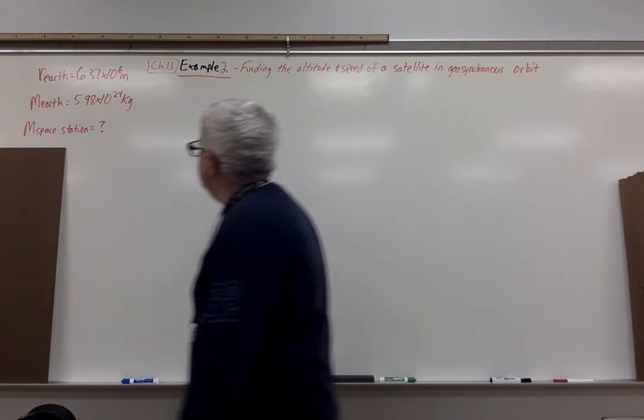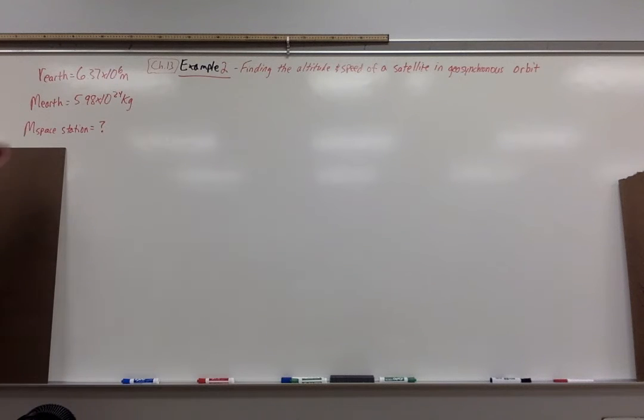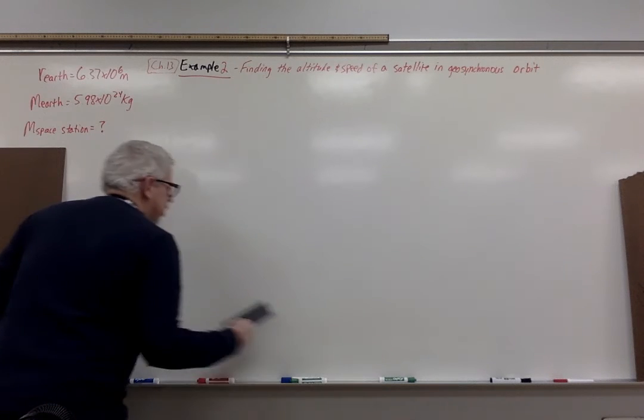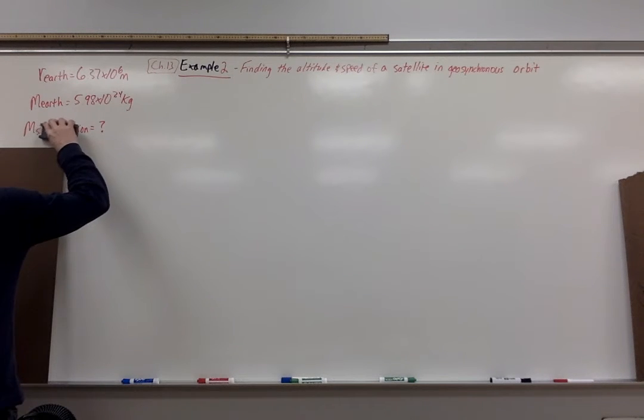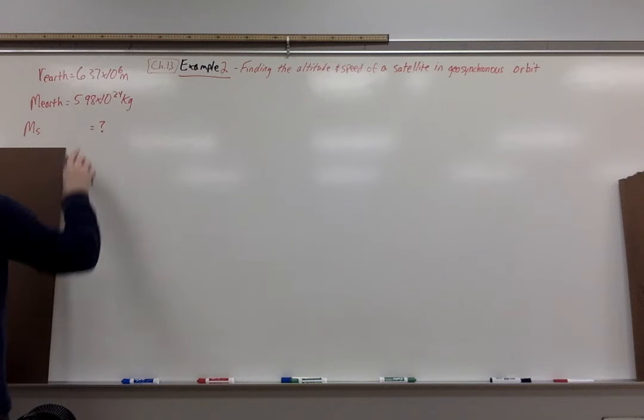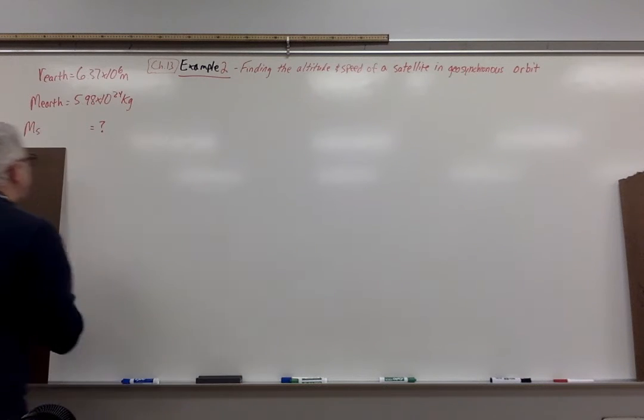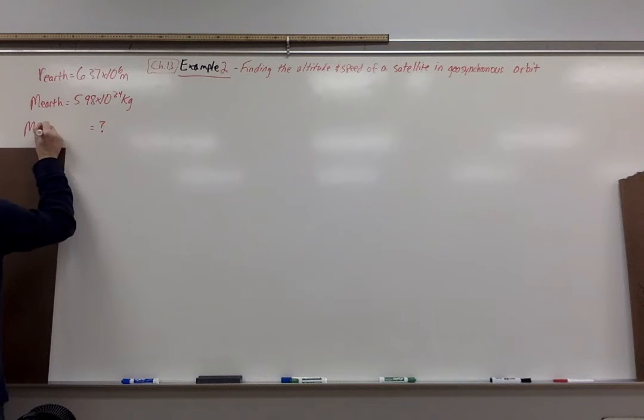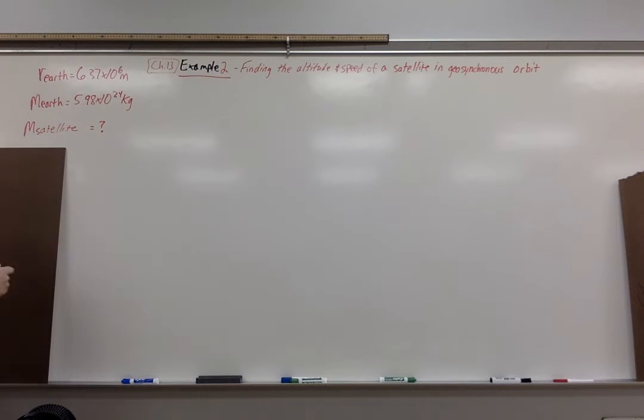All right, so these are things that we had written down before. Radius of the Earth, mass of the Earth. This was mass of the space station. I'm going to call that mass of the satellite. And I don't know what that is, but hopefully if I need to know that, I'll just use M for right now.